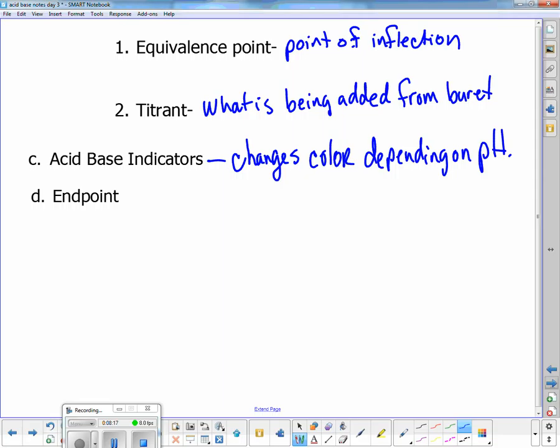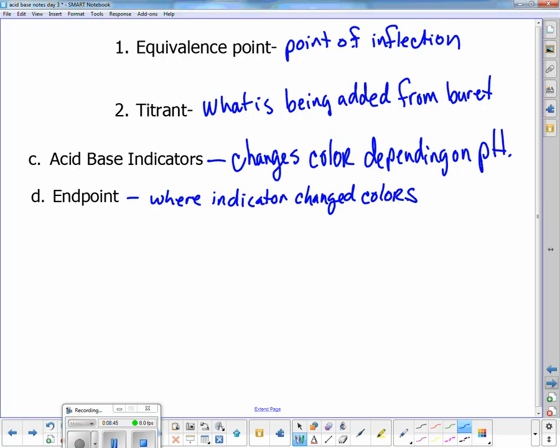Okay? The difference between the equivalence point and the end point is this is where the indicator changed colors. So if we don't choose an indicator that changes about the equivalence point, then we've got a problem, because we want them to be about the same.